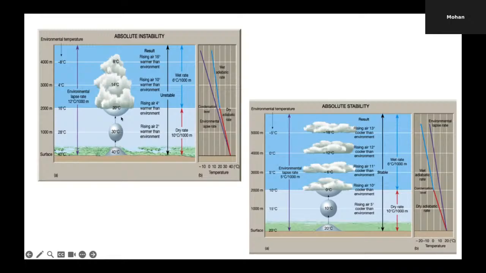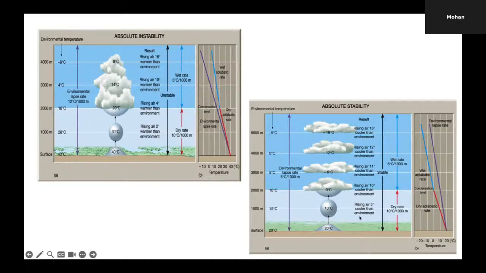The parcel depends simply on temperature, decreasing with the dry lapse rate, so it is red. Once it becomes saturated at the cloud base, the parcel decreases with respect to moisture, that is the wet adiabatic lapse rate, so that is blue. The purple one simply follows the environmental lapse rate. Again, this is absolute instability.